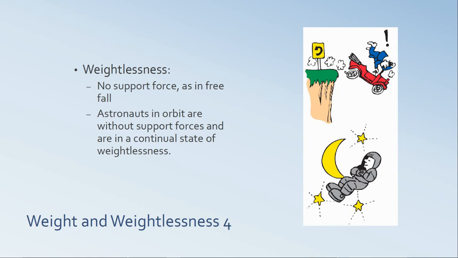As it reaches the height of the arc and starts coming down, the people inside the plane feel weightless because the support force of the plane has dropped out from underneath them. So for a few seconds, the passengers experience weightlessness, which you might have felt if you've ever been on a really bumpy, turbulent flight. So after the presentation, if you want to see that in action, the link is on Moodle.